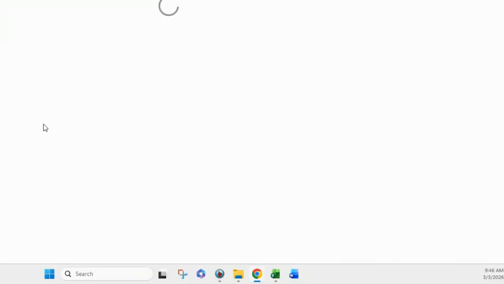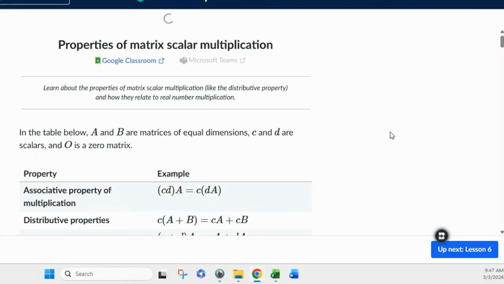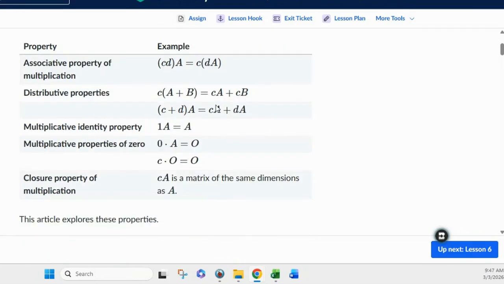Some good stuff here. All right, close this little half tab. Properties. All right, more properties. The associative property of multiplication, which says if I have three things being multiplied together, C, D, and A, I can multiply C and D together first and then multiply by A, or I can multiply D and A together first, multiplied by C. Yeah, 2 times 3 times 4.